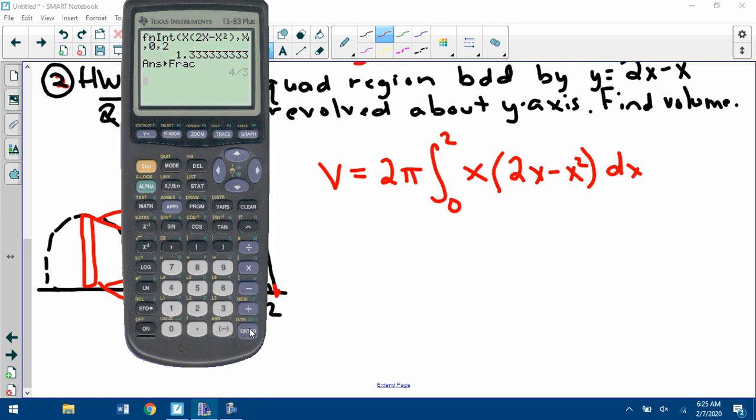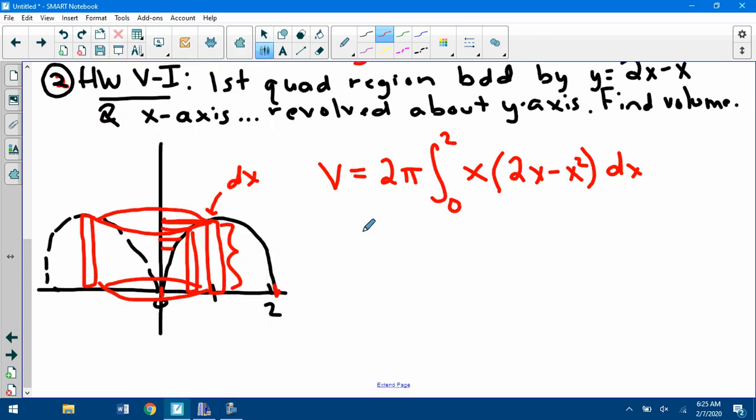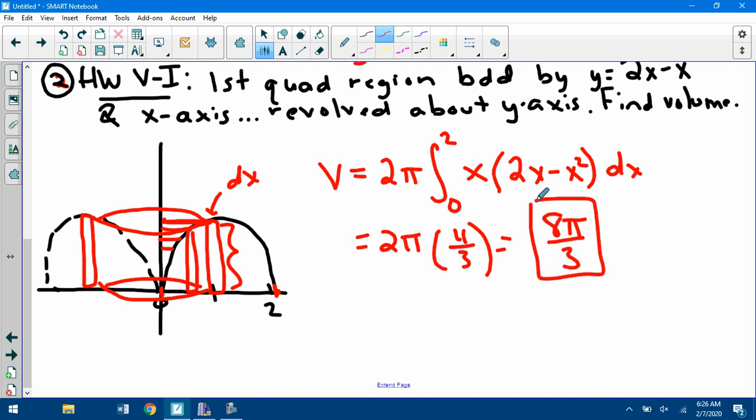I think that's 4/3, right? So it's 2 pi times 4/3, and there's your 8 pi over 3 again, which is the answer you should get on that worksheet if you do it with the washer, but it's a whole lot more difficult because you had to split it up into a top minus bottom with your plus or minus square roots. Really gross. And this is way faster.